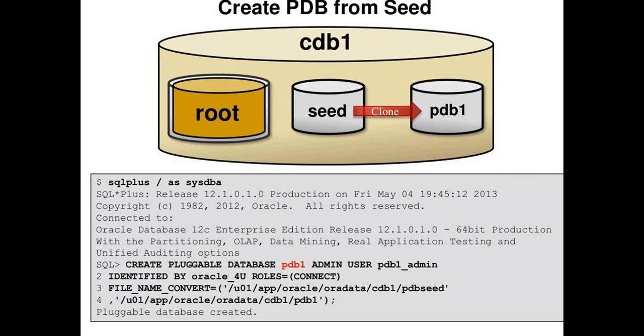Basically the seed contains 3 tablespaces which are system, sysaux and temporary. Even after creation of PDB1 you can create a separate tablespace, for example a users tablespace, to store the data of users. After firing this command you are going to get the message that the pluggable database is created.